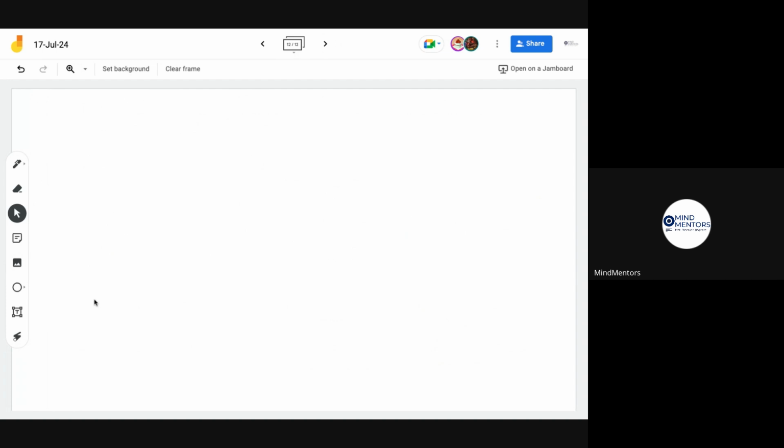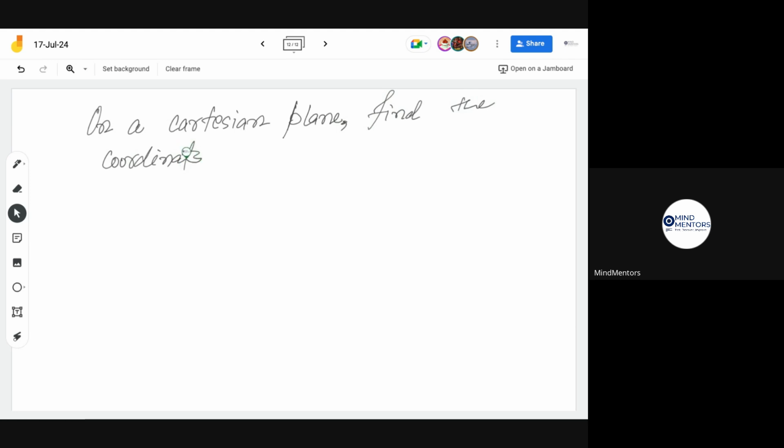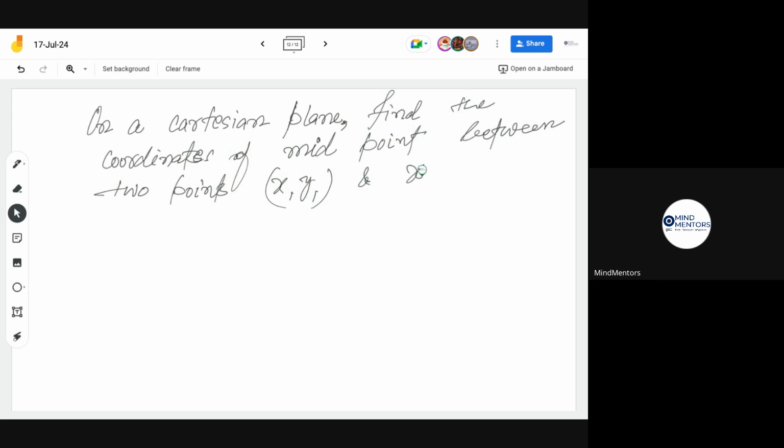Now, between 2 points on a Cartesian plane, find the coordinates of the midpoint between 2 points x1, y1 and x2, y2.